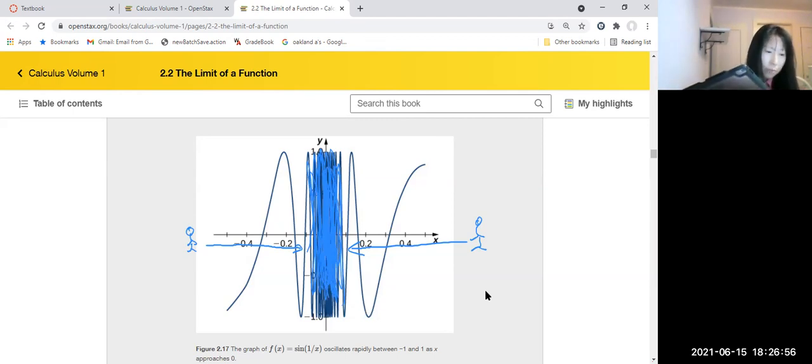Let me write it down. Here, so accelerating, can you see that? Between -1 and 1. So we read the y value, right?